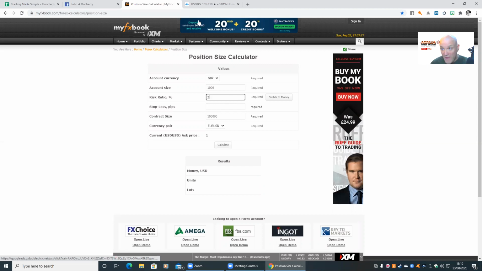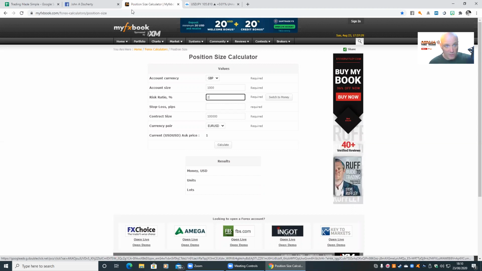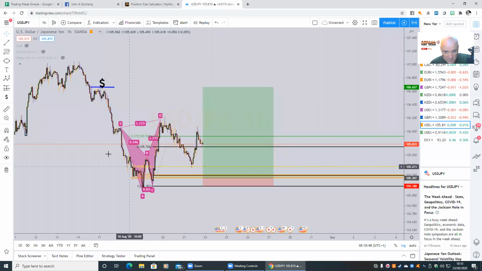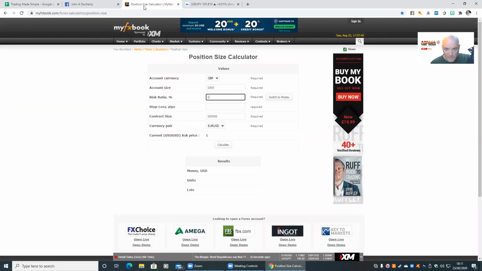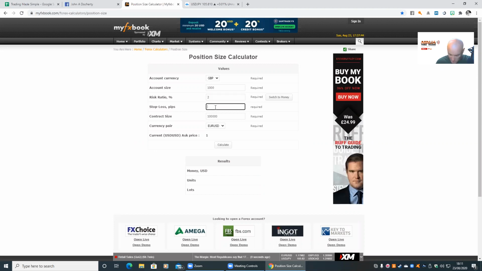What you do from there, this is where your proper risk management comes in. Go back to your view, okay? Let's just measure this. We've got around about 12 pips there. So your pip size of the stop loss is 12 pips, okay?